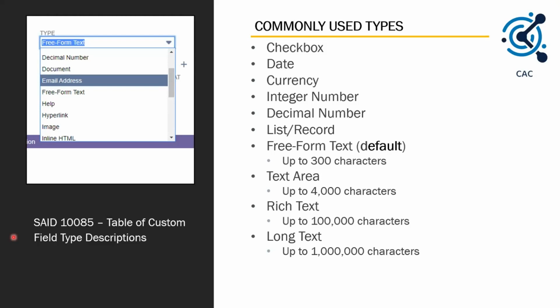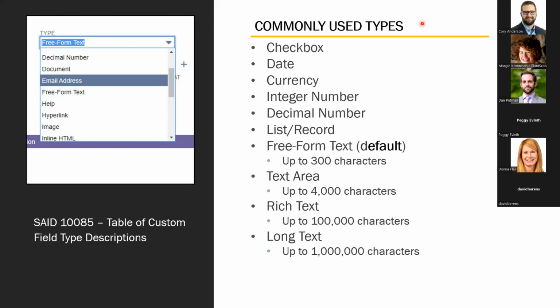Okay. So first of all, I want to talk about some commonly used field types. When you go to create a new custom field, this will apply to almost any field type. So if we're talking about a transaction body field or an item field or an entity field, you're going to have these options of field types.